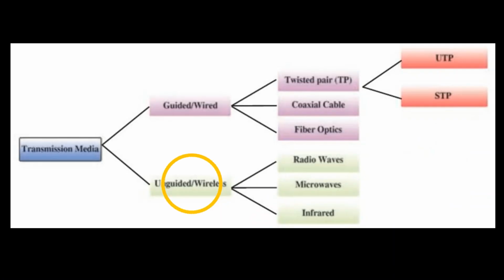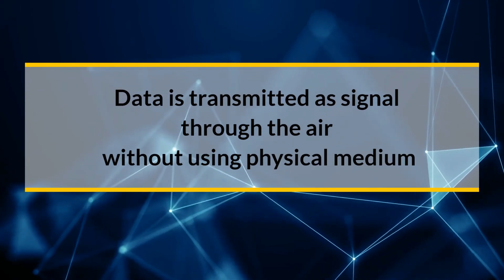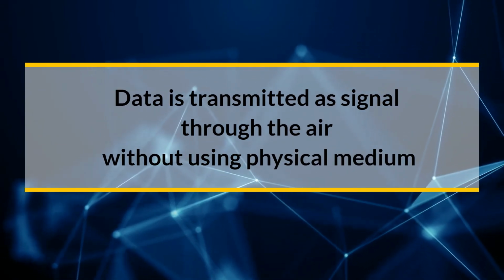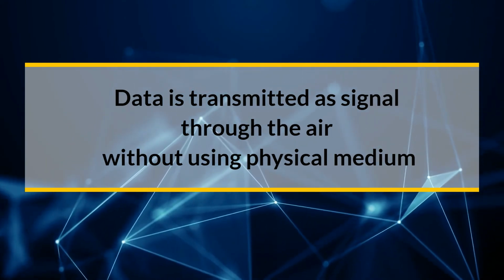The second main category of transmission media is unguided or wireless media. In unguided or wireless media, data is transmitted as signal through the air without using physical medium.